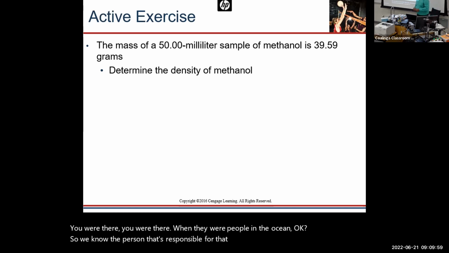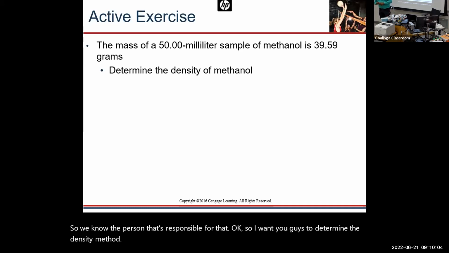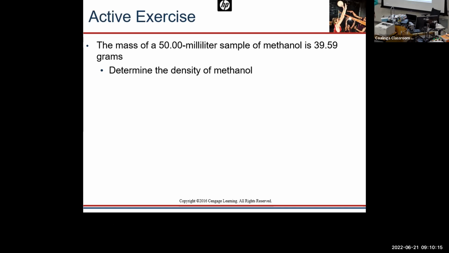Okay, I want you guys to determine the density of methanol. So we know density is what again?